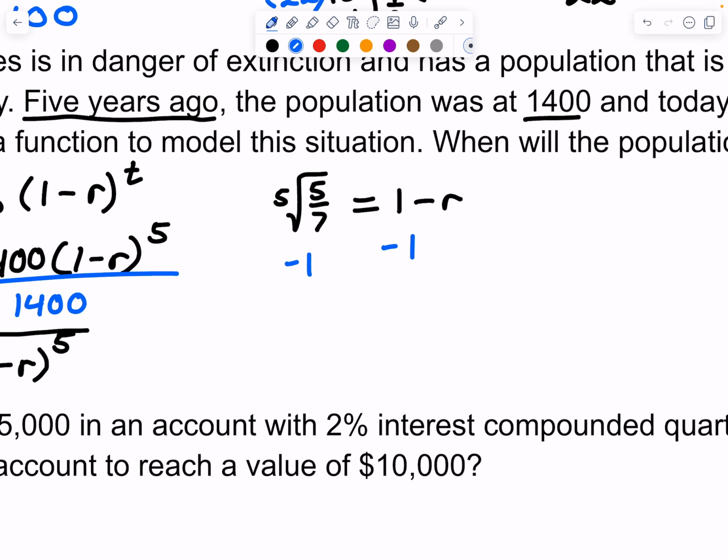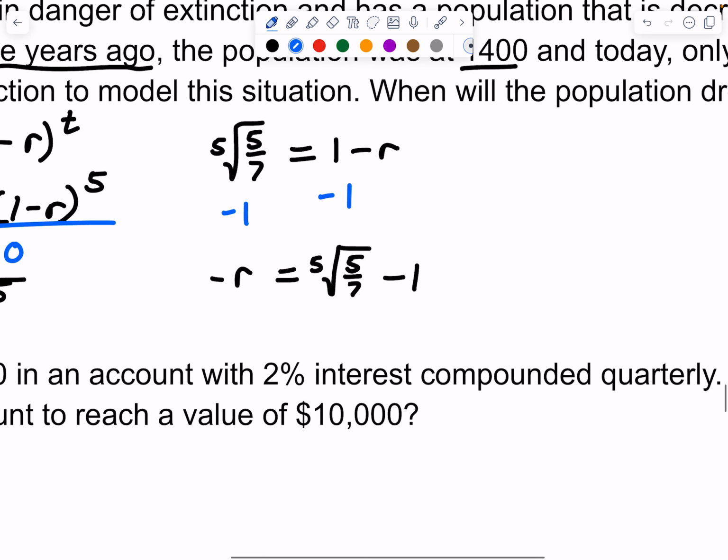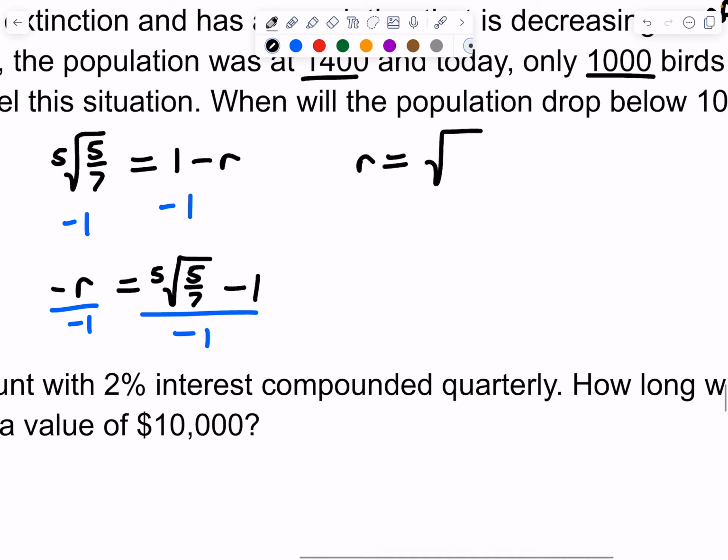We may as well. So negative r is equal to the 5th root of 5 over 7 minus 1. And then I have to divide by -1. And I get r is equal to negative the 5th root of 5 over 7, plus 1.